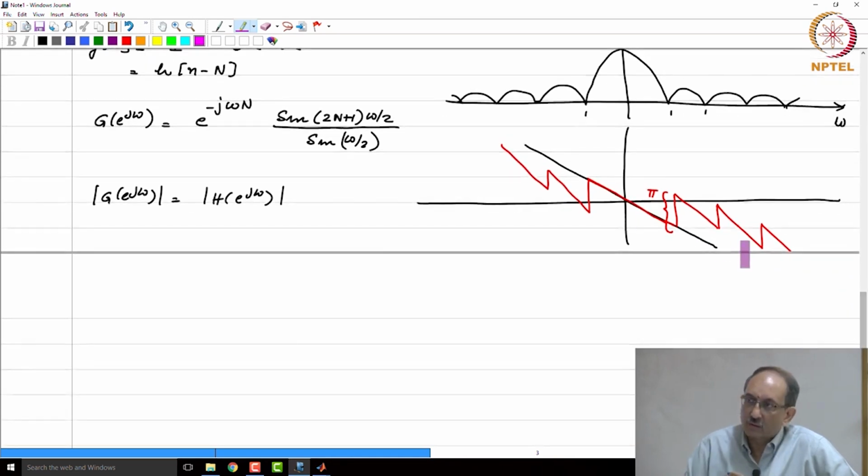So, this is the overall phase response for this given magnitude response, and this shows jumps of pi. However, there is another representation in which the phase response will not show jumps of pi.